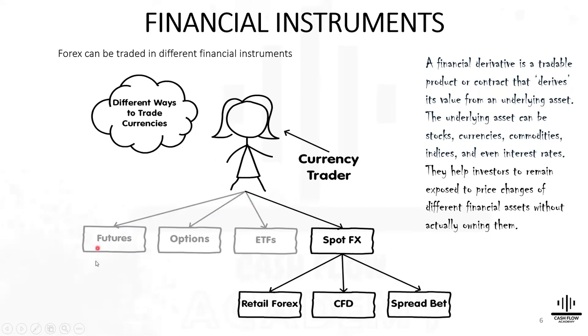Let me give an example. For futures, I have an agreement with you, who is the farmer. You sell cocoyam, and then we have an agreed contract where there's a set price at which I would receive cocoyam from you at a specified date. I can take this contract and say, okay, I want to sell this contract to someone else who needs cocoyam. Let's say I don't need the cocoyam again.